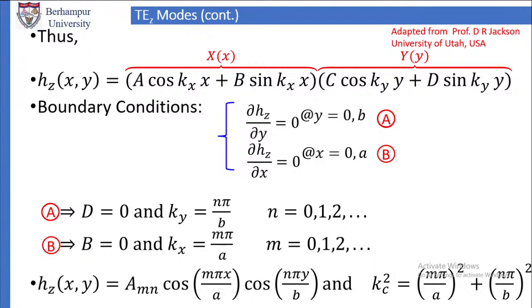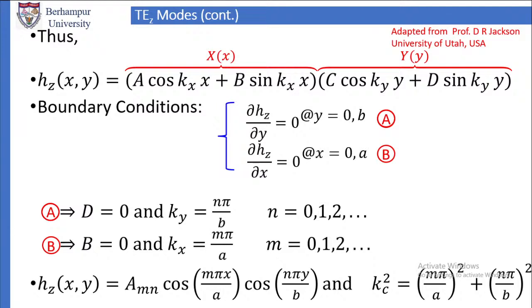Now when y is equal to 0, the sin term becomes 0. So C into sin ky y into the constant ky will be 0, which means this term becomes 0. What is left is D into ky cos ky y.